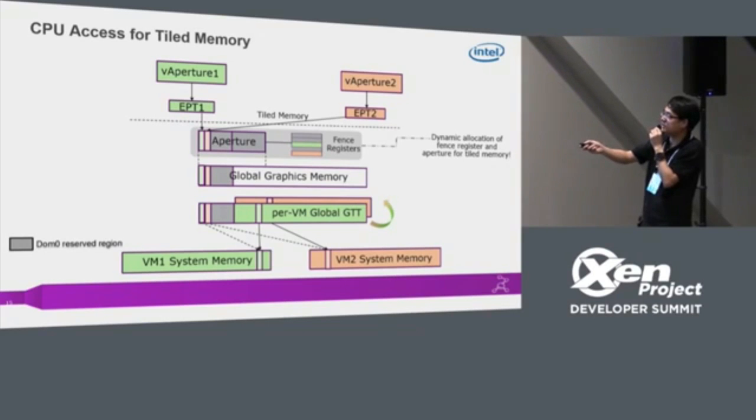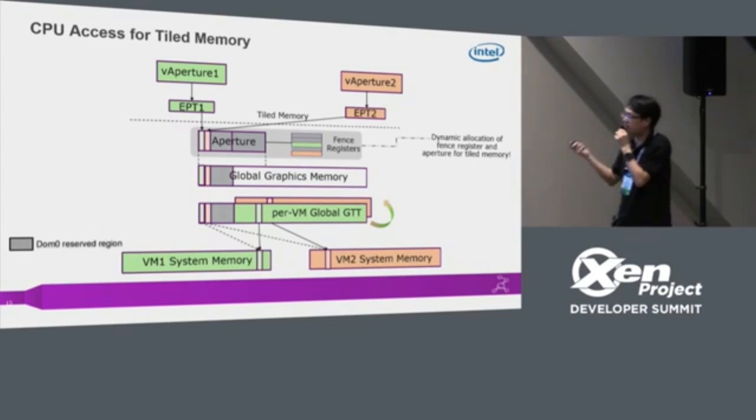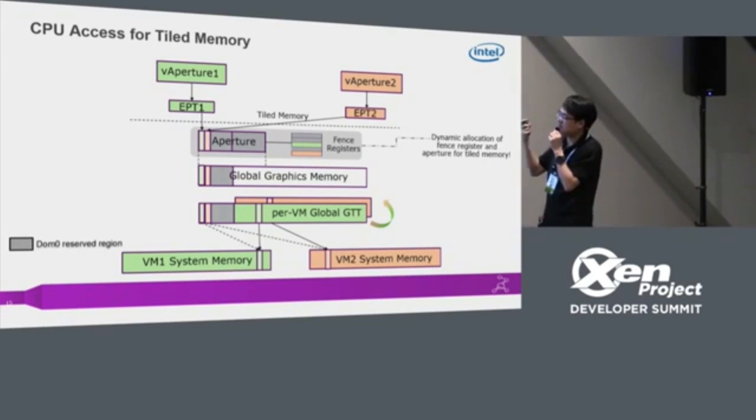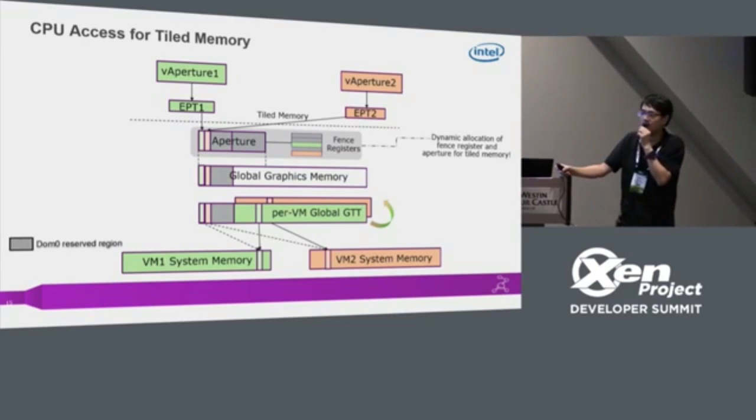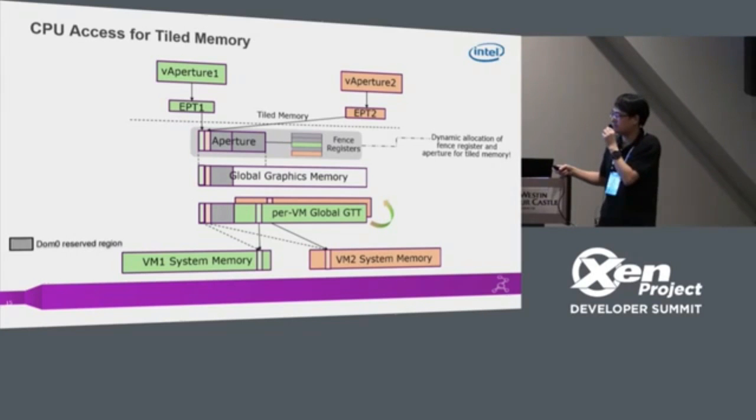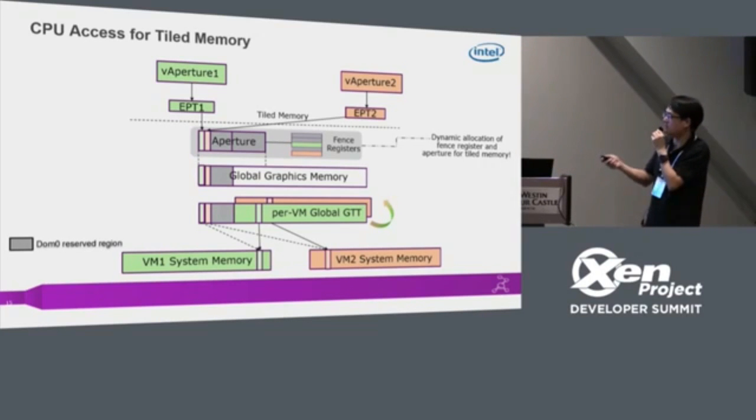When the CPU tries to access particular frames, for example here, we will dynamically create the mappings in this range, and the CPU access will go into this path. So now all three components, the CPU access, display engine access, and render engine access, can access in parallel.